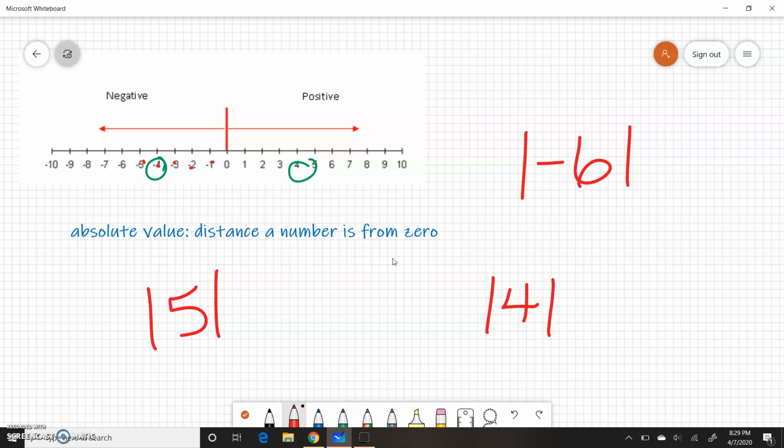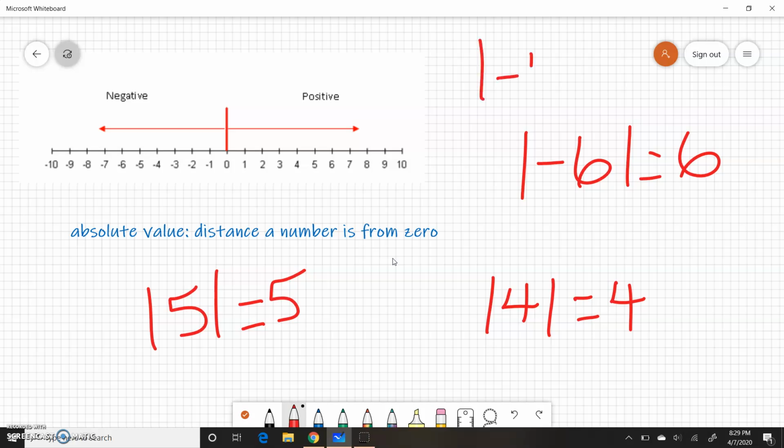So for example, what is the absolute value of 5? On your bottom left right here. Well, +5 is how far from 0? 5 places. The absolute value of 4. 4 is how many spots from 0? 4. The absolute value of -6. Well, -6 is how many spaces from 0? 1, 2, 3, 4, 5, 6.